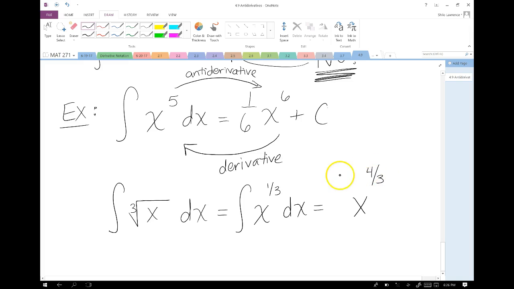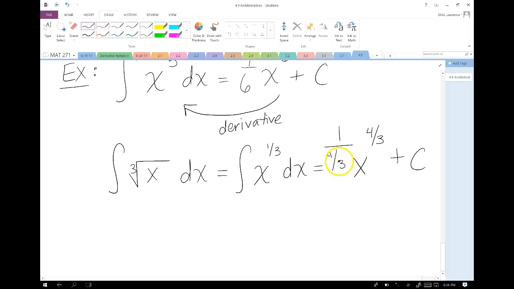And technically we said we're going to take that power and put it in the denominator in the front. But it is not mathematically legal to leave it like that. Dividing by a fraction is the same as multiplying by the reciprocal. So we would have to fix this. We wouldn't leave it as 1 divided by 4/3. We would go ahead and flip that and say this is 3/4 x to the 4/3 plus c. So it works for radicals as well.